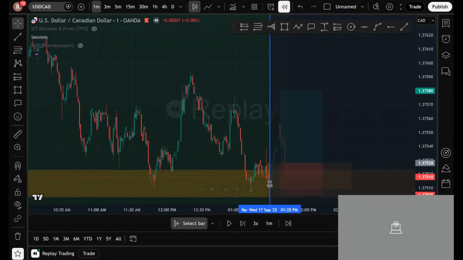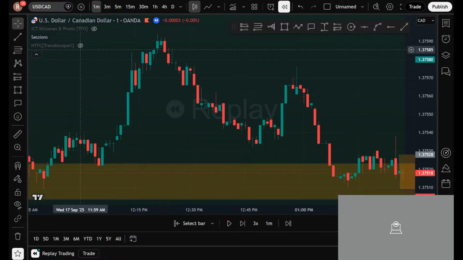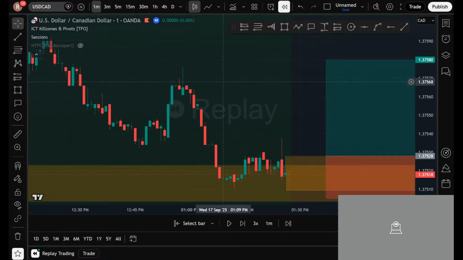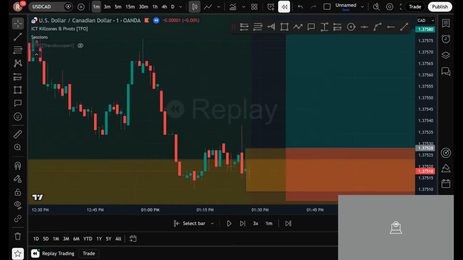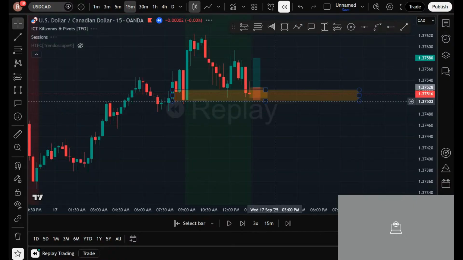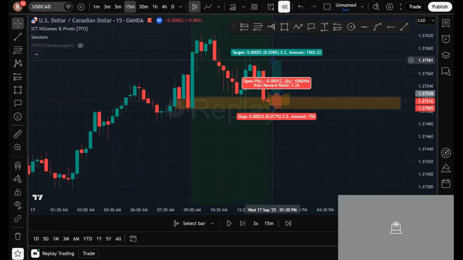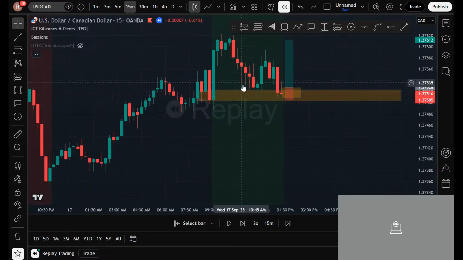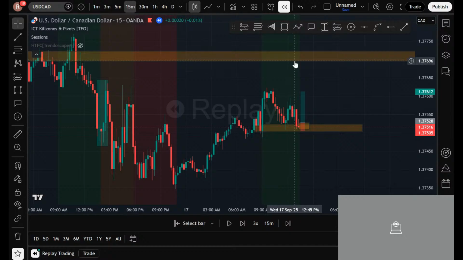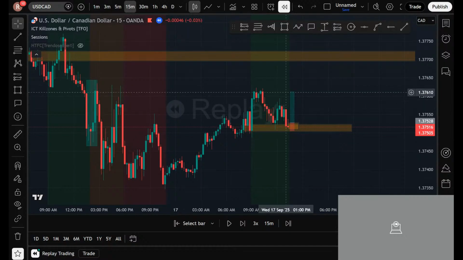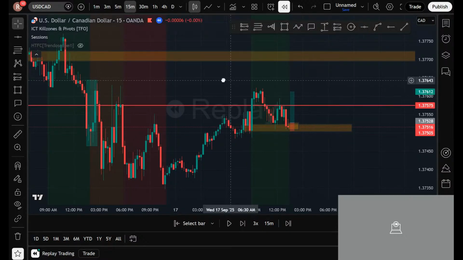So price tapped, so I should see if things make sense. On the 15 minute, this is my zone, a symmetric profit zone. Price might also come to this zone, but this is my final take profit. This is the place where I should be.